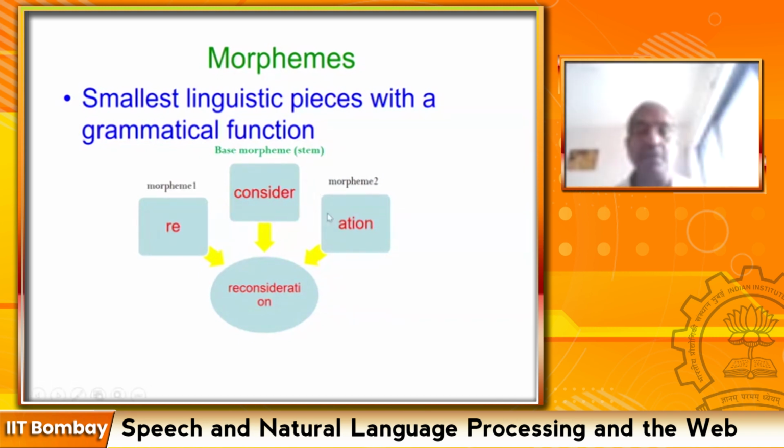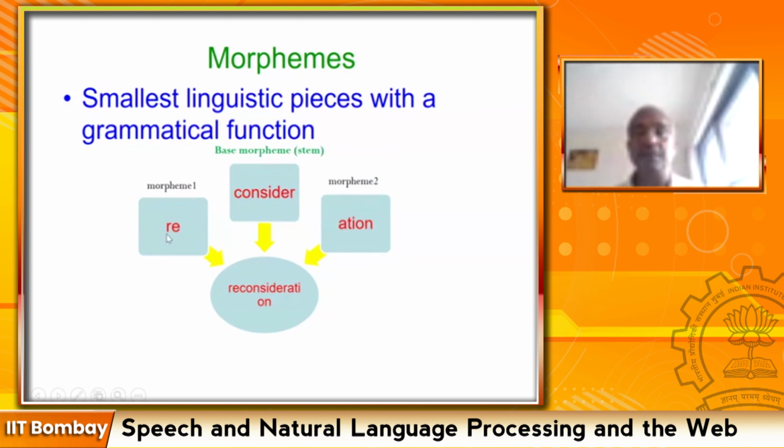Morphemes have grammatical roles. So we understood yesterday that the word reconsideration is composed of consider, which is the root or the stem, and ation is a morpheme again. Its purpose is to transform a verb into a noun. So ation, its role is to convert a verb into noun, and re indicates repetition.